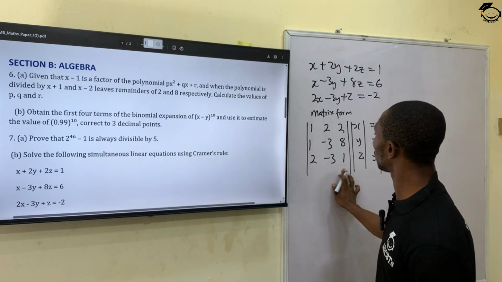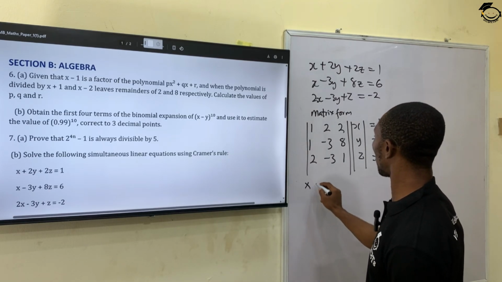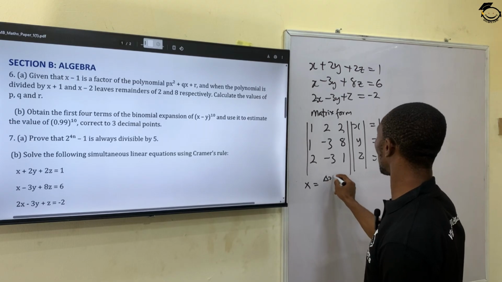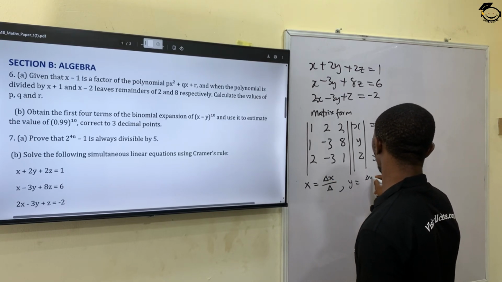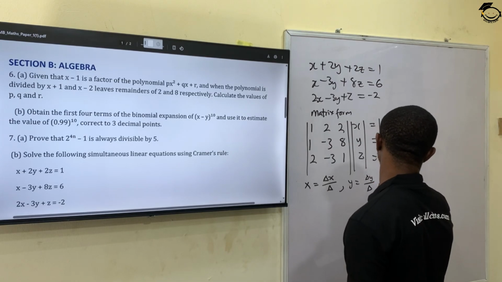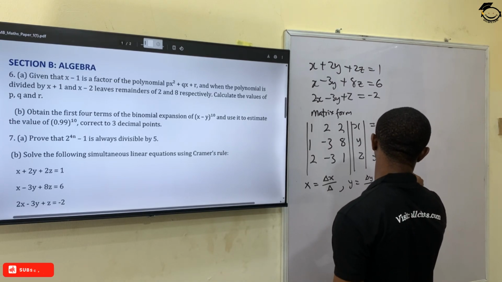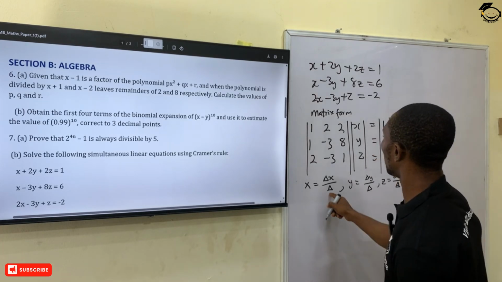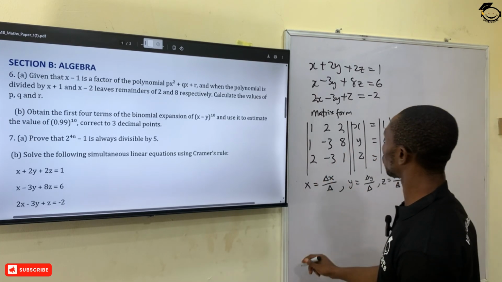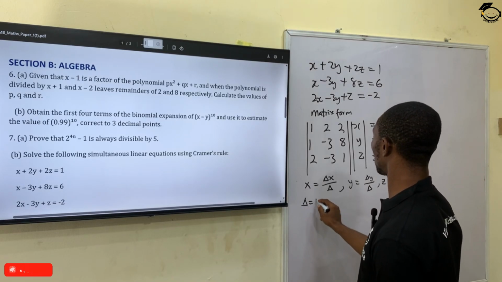Now, our Cramer's rule says x equals delta x over delta, y equals delta y over delta, and z equals delta z over delta. All right, where our delta is the determinant of our matrix.